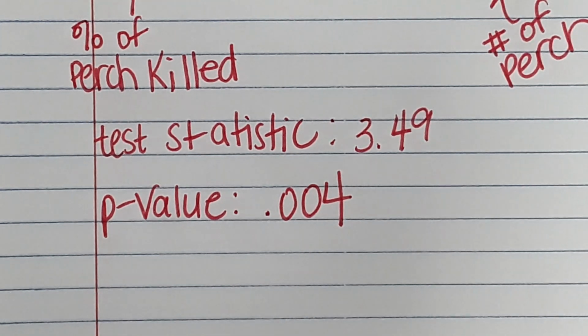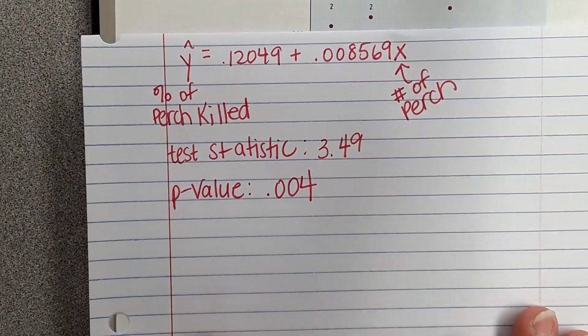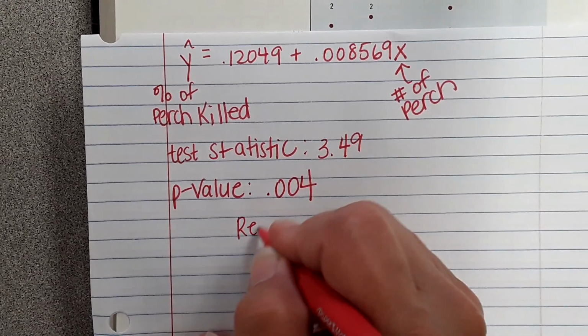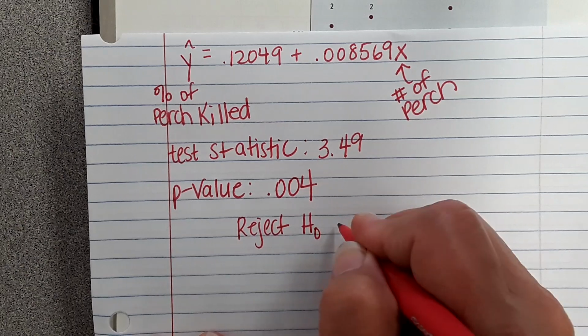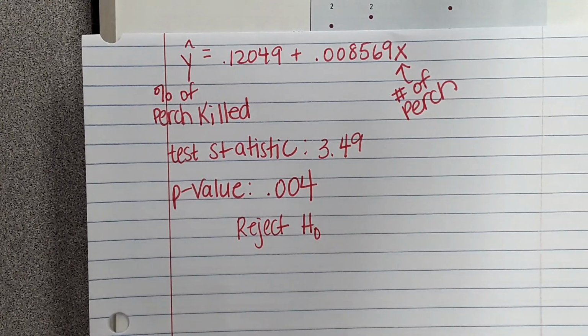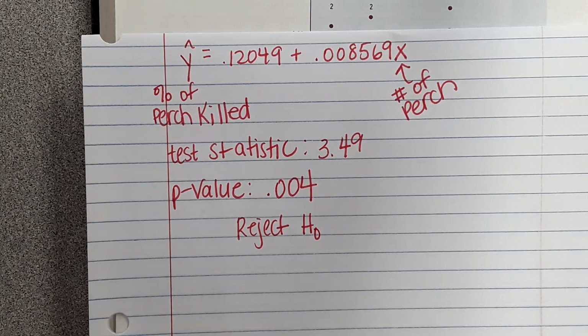So would I fail to reject or would I reject? I would reject the null hypothesis. And you guys, it still would be the same thing. Because my p-value is less than my alpha level, there is evidence to support the claim, and that's how you would write it. It still goes back to that same thing.